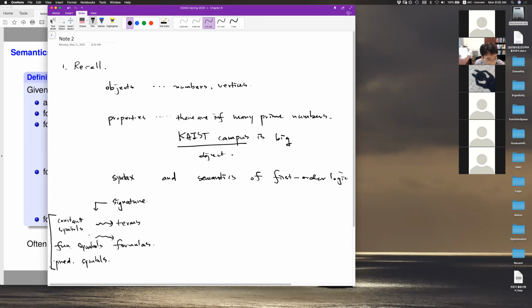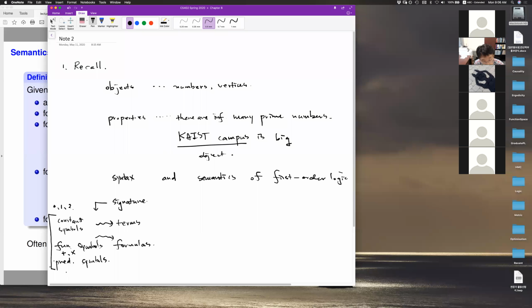Constant symbols are, for the number case, just constant objects that we can talk about, like the numbers 0, 1, 2. Function symbols are operators that we can use to build more sophisticated objects. For example, in first order logic for natural numbers, number theory, we have a plus operation and a multiplication operation and so on.